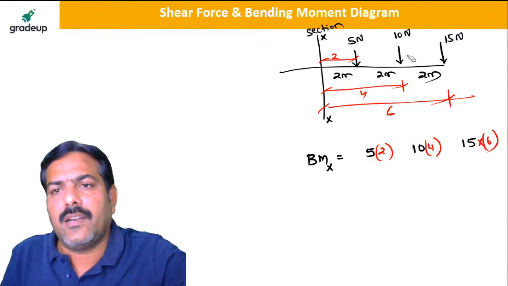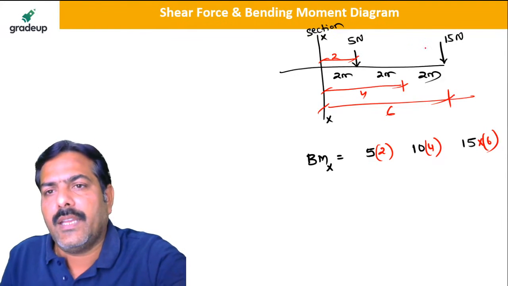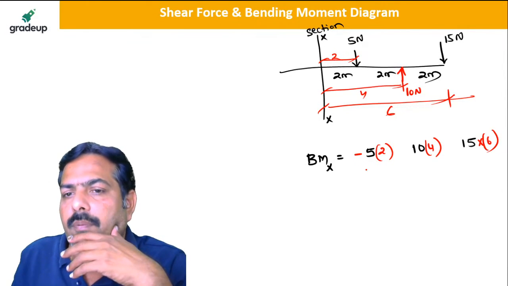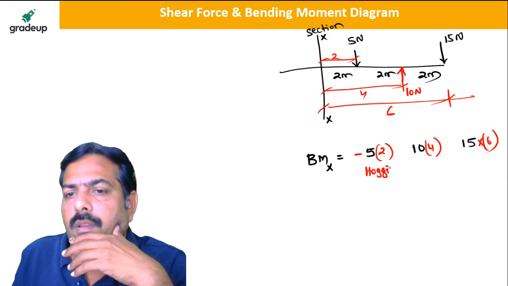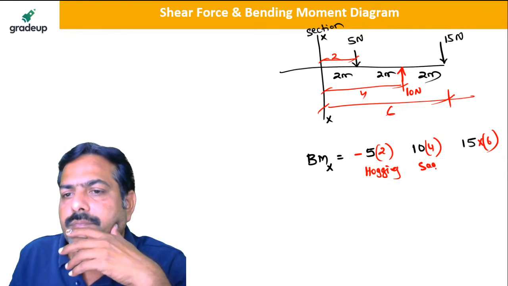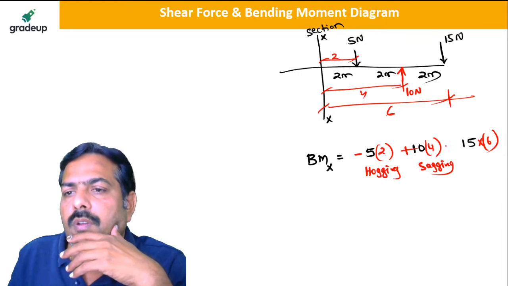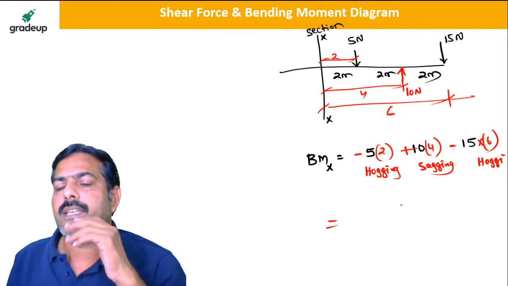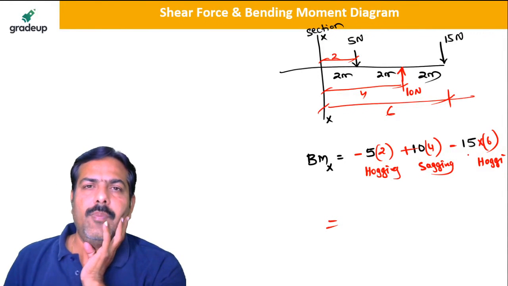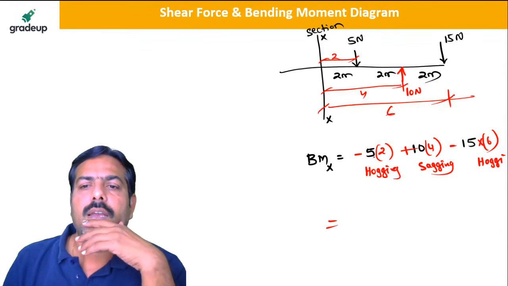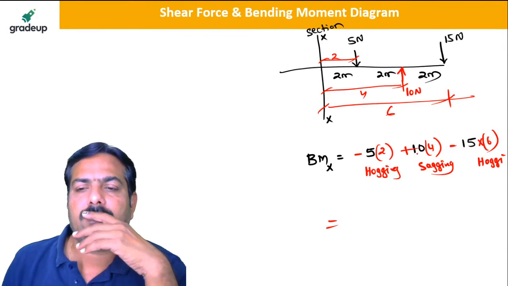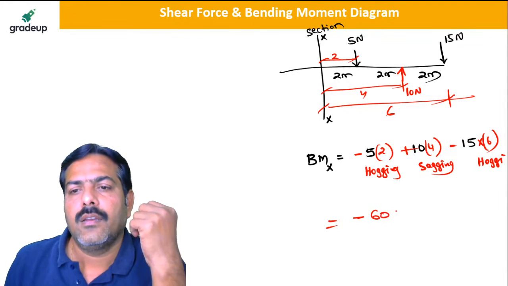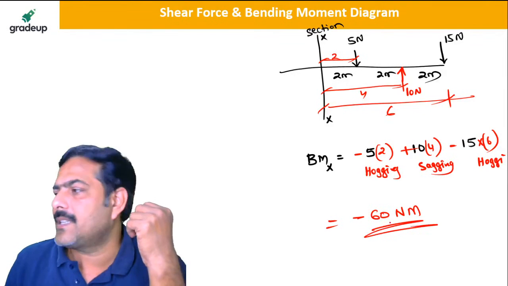So if I take the second one as positive, 10 Newton, now you see that 5 into 2 is hogging, 10 into 4 is sagging, so positive, 15 into 6 is hogging, hence negative. So what will be the answer? 15 into 6 is how much? 90, and 10 into 4 is 40, so 90 plus 10... 100 minus 40. So the bending moment at x is equal to minus 60 Newton meter. Is it clear now? This is the answer.